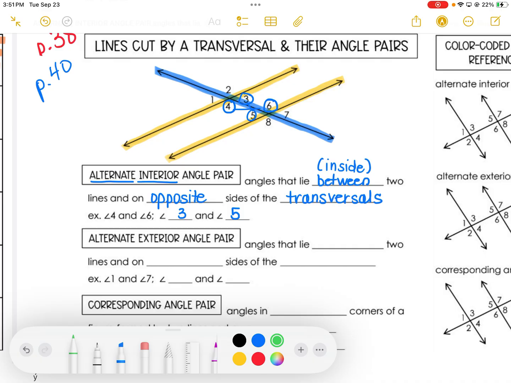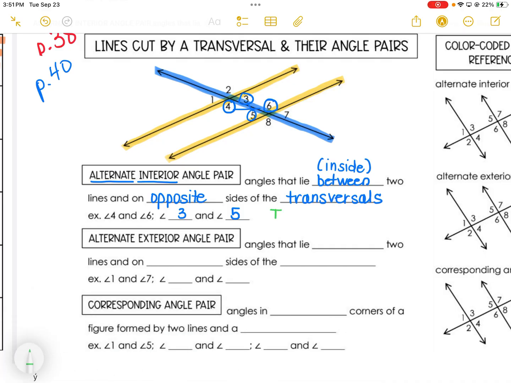The alternate interior angle theorem tells us that these alternate interior angles are congruent. I'm just using the angle symbol, but you can write it out if you want. The theorem says alternate interior angles are congruent to each other. So 3 and 5 would be congruent, same measure. 4 and 6 would be congruent, same measure.